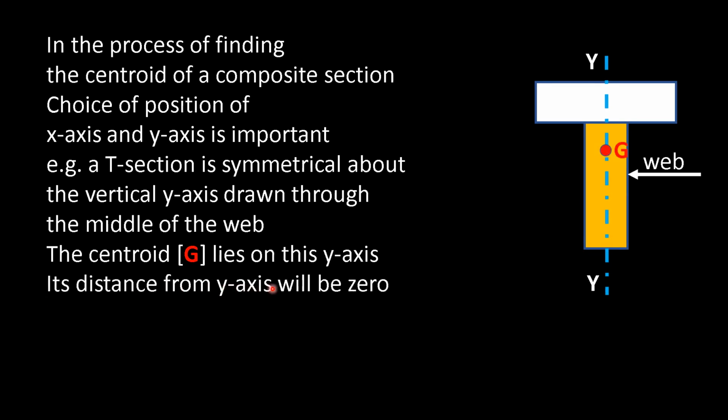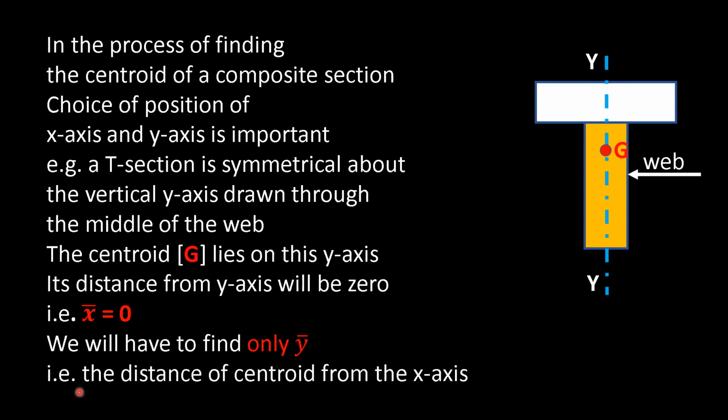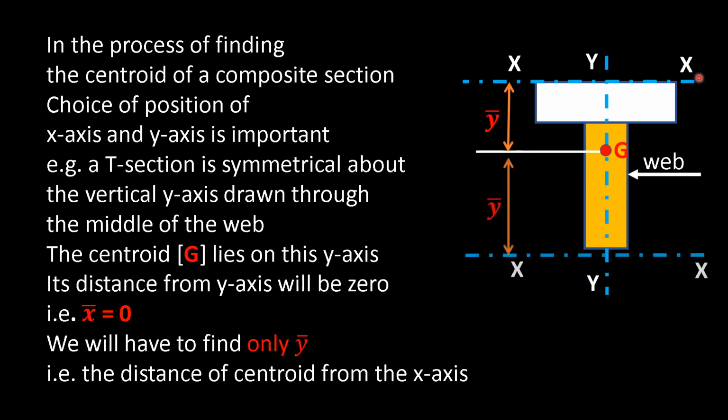Its distance from y-axis will be 0, that is, x bar will be 0. We will have to find only y bar, that is, the distance of centroid from the x-axis, which passes through either the top edge of the section or through the bottom edge of the section.